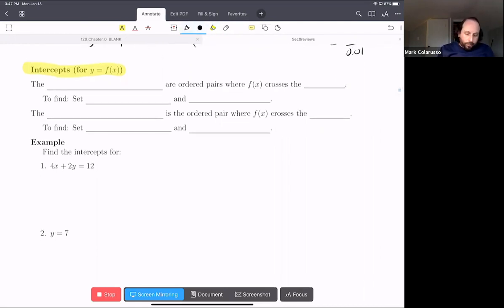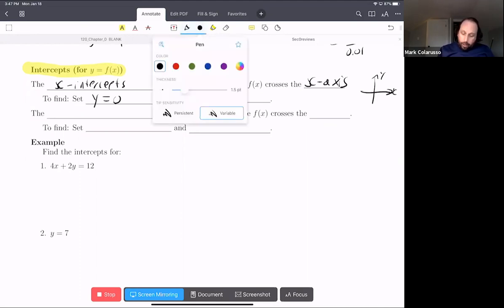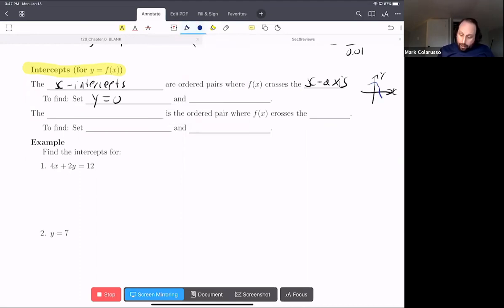Okay, so the x-intercepts are ordered pairs where f of x crosses the x-axis. So how do we find them? Remember the little axes, y and x. If you have a function and it's crossing the x-axis, at the point where it crosses, the y-coordinate of the function is 0.